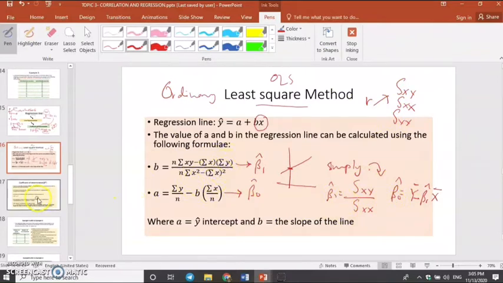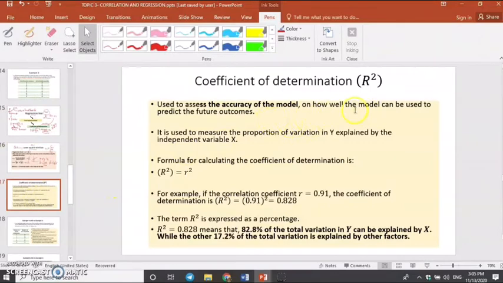Okay, so seterusnya adalah coefficient of determination. So the use is to assess the accuracy of the model on how well the model can be used to predict the future outcome. So it is used to measure the proportion of variation in Y explained by independent variable of X. Maksudnya sekarang, coefficient of determination ni lebih fokus kepada berapa banyak percentage of Y dijelaskan oleh X, dia macam tu.